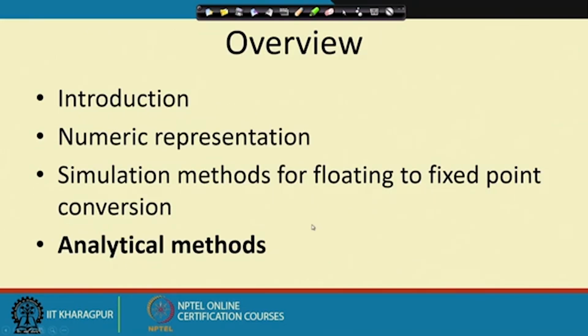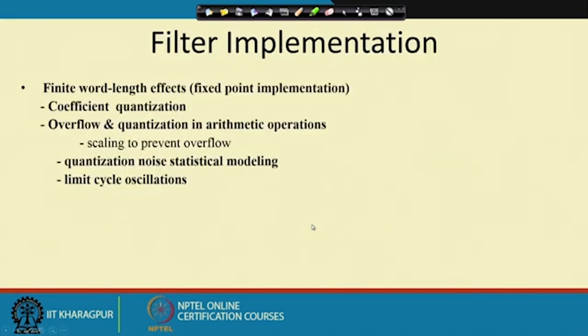Okay. So, we will take one example of how this floating point to fixed point conversion affects the implementation. If I choose a filter implementation as an example, in a filter we have the coefficients, and the coefficient values are basically less than 1.